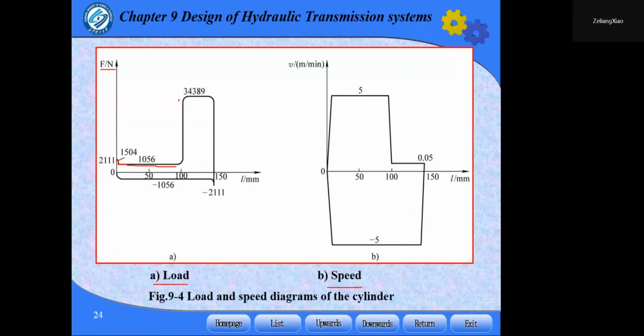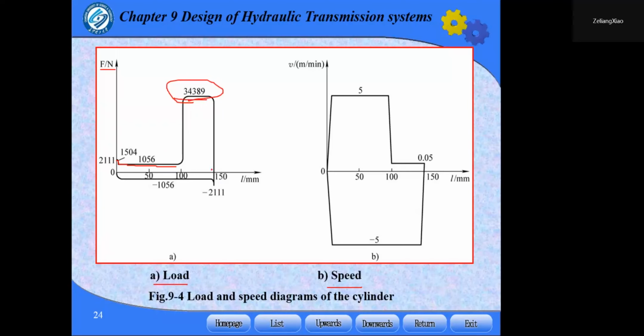Then the deceleration, and we can get the force. Then this is the working speed.